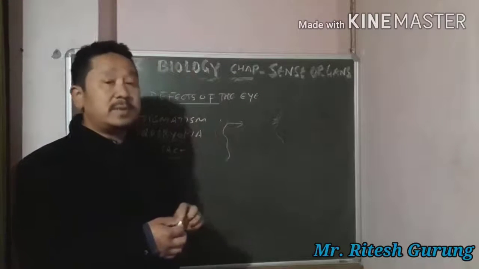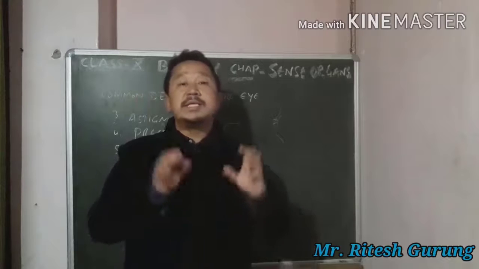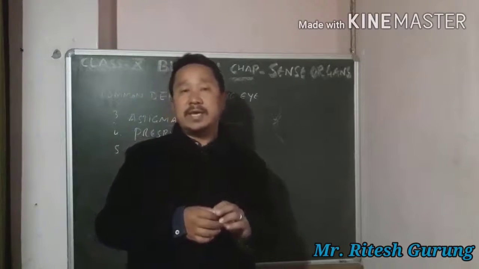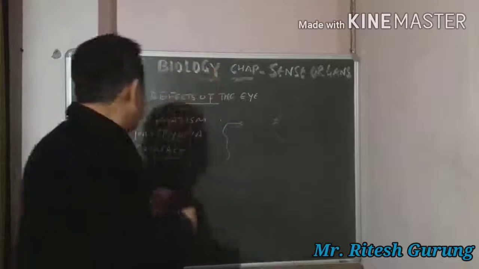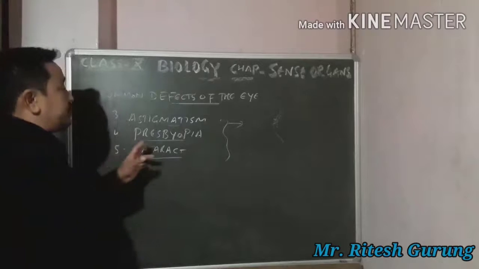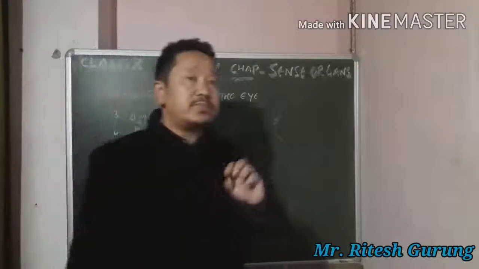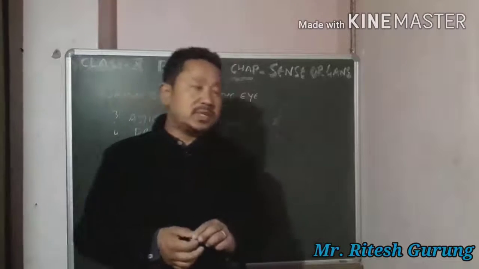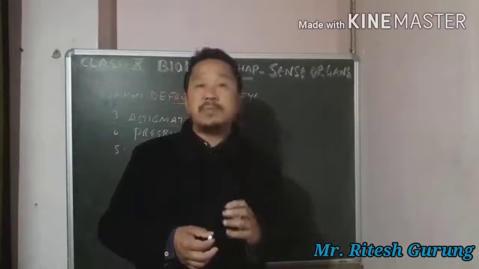These problems can be corrected by wearing a cylindrical lens. The fourth point is presbyopia, usually seen in older people.